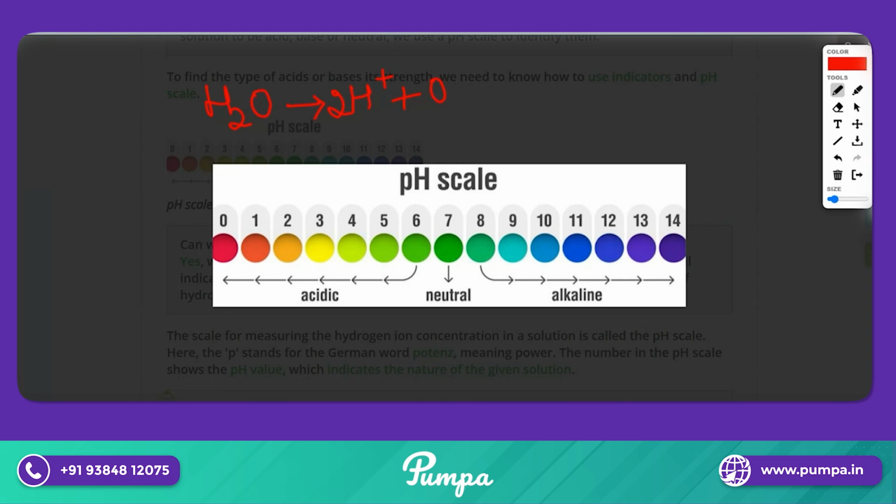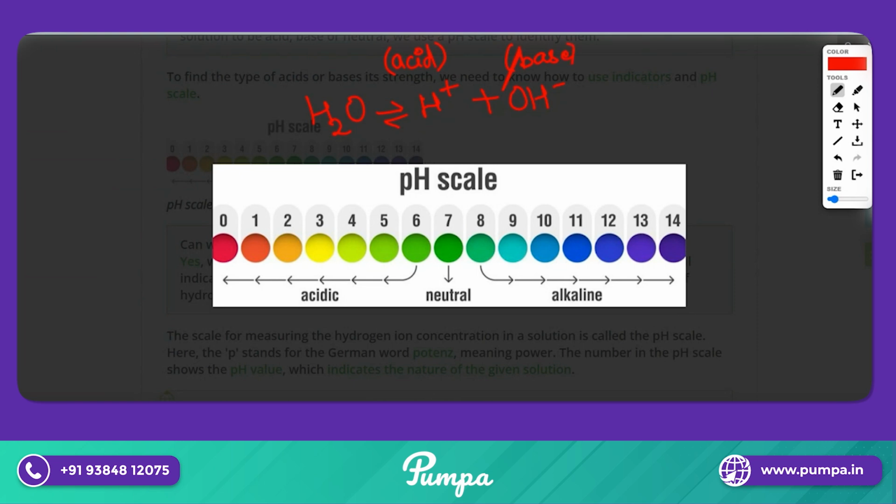And if you take the case of acids and bases, there will be an equal amount of H plus and OH minus ions. So in terms of ions, you can write it like this, and this sign means reversible. So H plus and OH minus ions. You can say H plus is for hydrogen ions, which is for acid, and OH minus is for base.